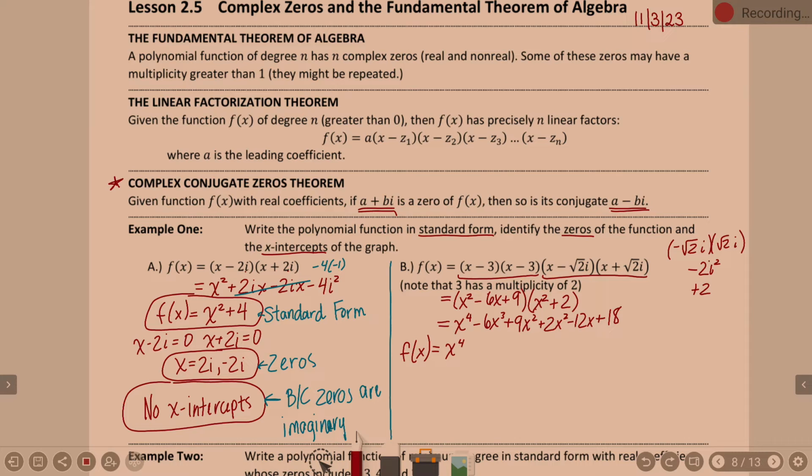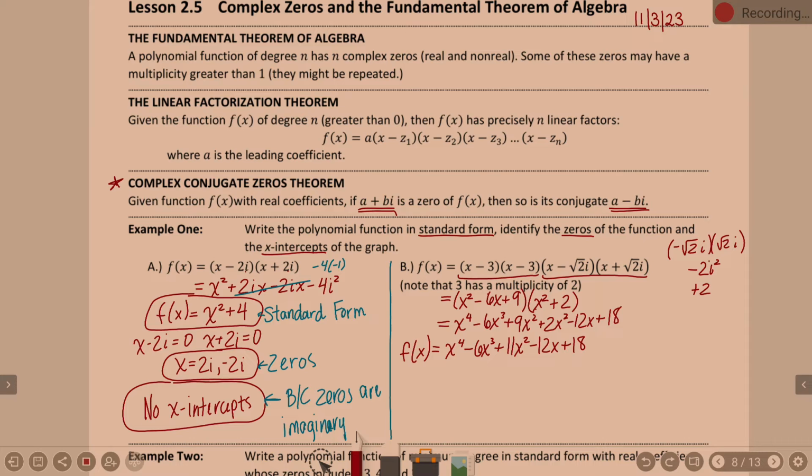Clean up. My cleanup, all I can do is add 9x squared and 2x squared and get 11x squared.